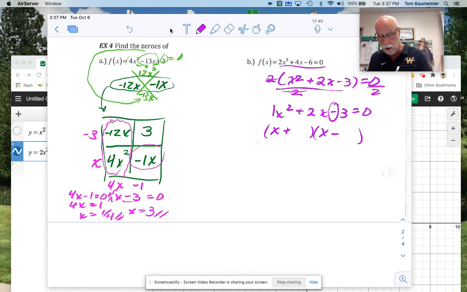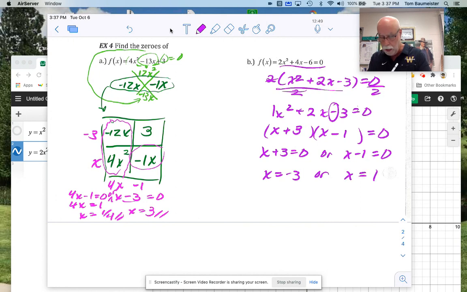And you would say, I'm going to put the 3 here. I'm going to put the 1 there. Put it equal to 0. Again, by the zero product property, we know that x plus 3 is equal to 0, or x minus 1 is equal to 0. Again, solve those for x. X is equal to negative 3, or x is equal to 1.